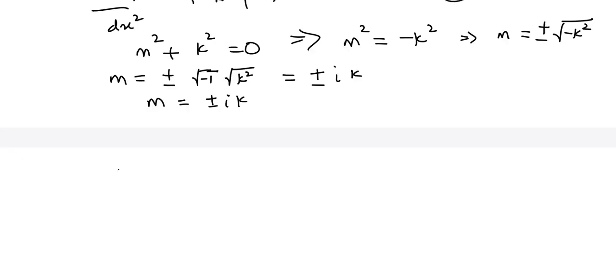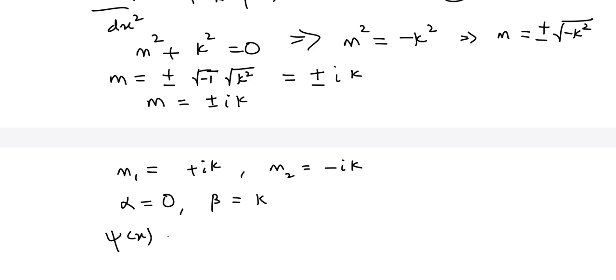What does this mean? It means that m1 is plus ik while m2 is minus ik. So the real part, in this case our alpha is 0, and our beta is what? Is k. So our solution, ψ of x, will be exponential first.